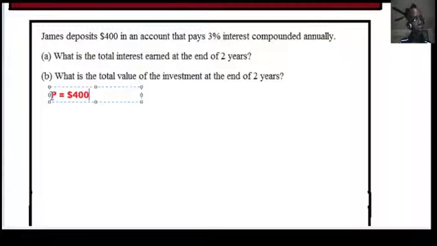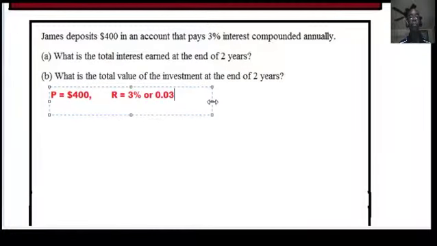P is the principal amount, and this equals $400. R is the rate of interest, and this equals 3%, which is 0.03 when written as a decimal.